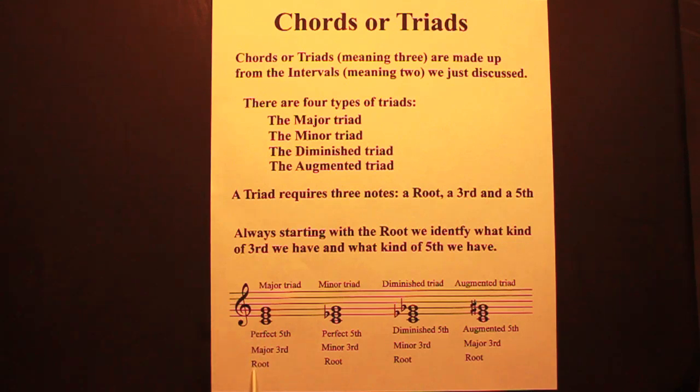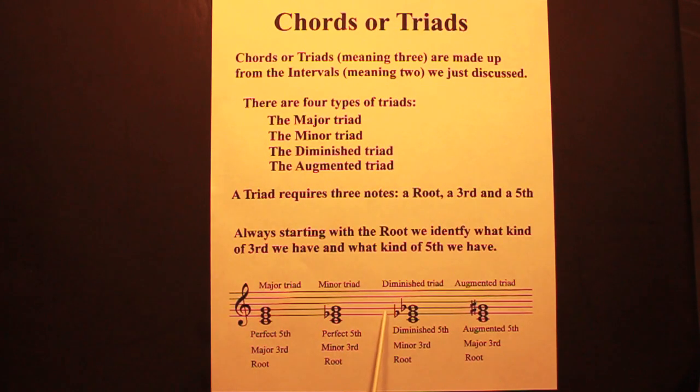So from our root, we have a major third, and from our root, we have a perfect fifth. That's our major triad. The minor triad, from the root, has a minor third, and from the root has a perfect fifth. So the minor triad is the third of the chord lowered a half step.